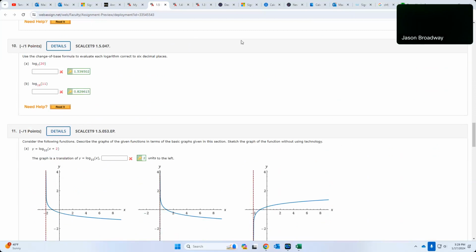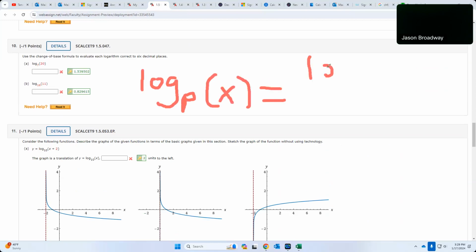Now, change of base. Just use your calculator. But what they're talking about, change of base goes like this. If you want to go from one base to another, like if P and Q are both positive, you can do this. The log base P of X equals the log base B of X over, I better be careful.